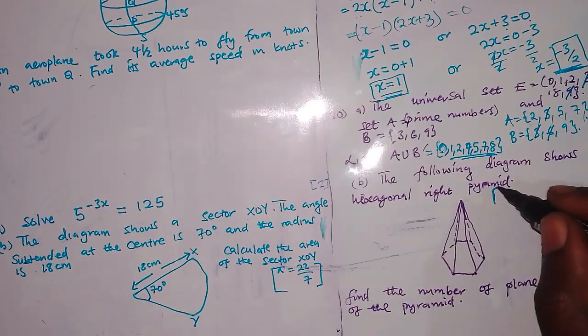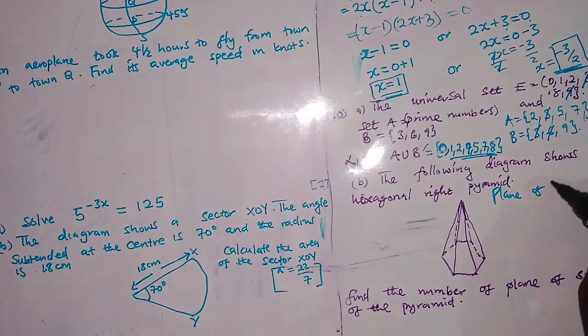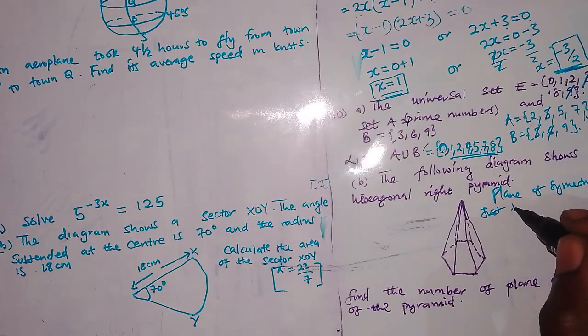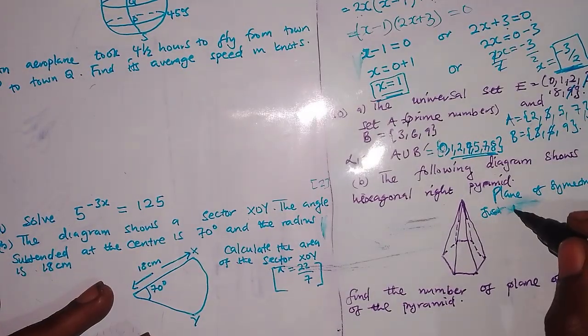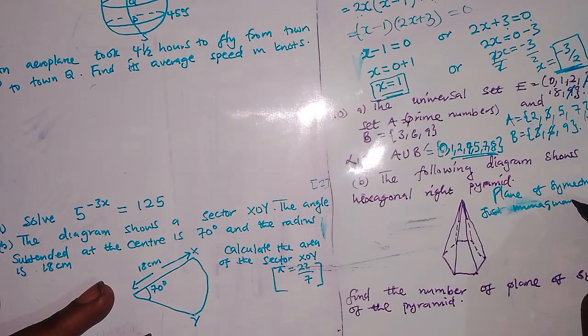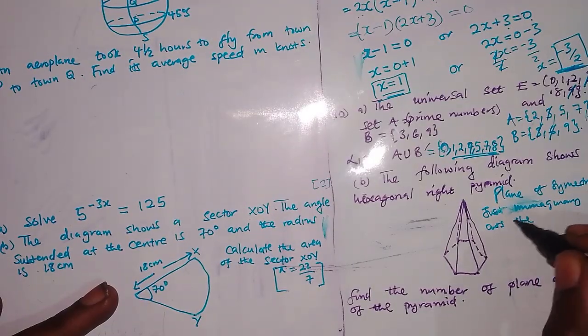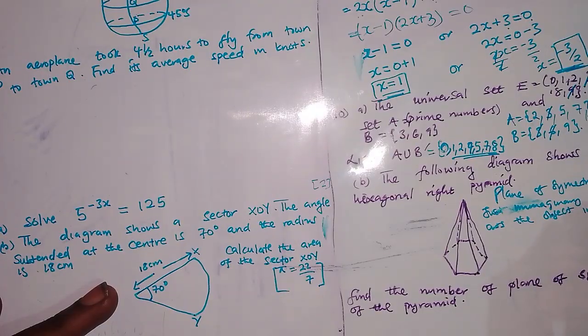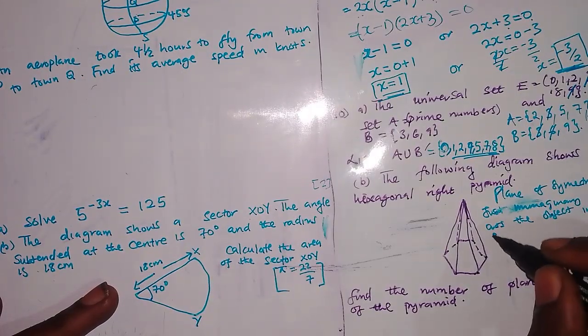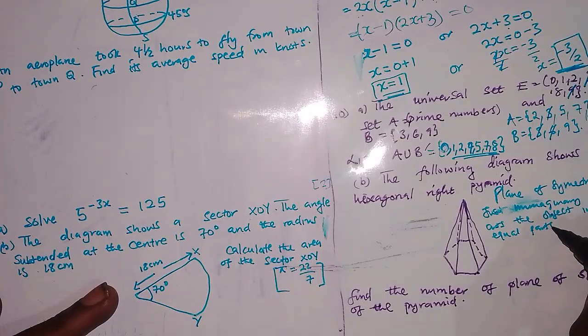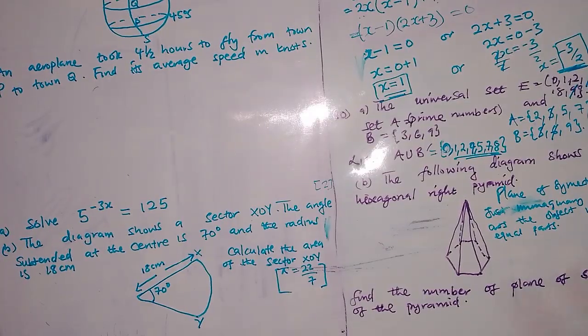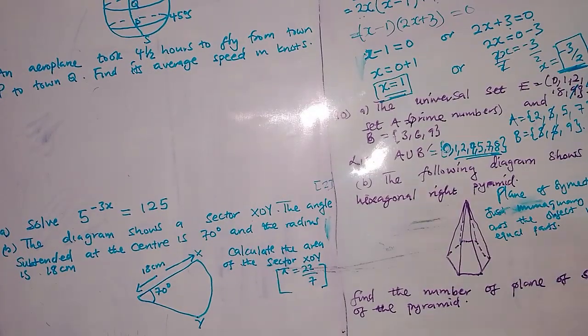A plane of symmetry is just an imaginary line which cuts the object into two equal parts.